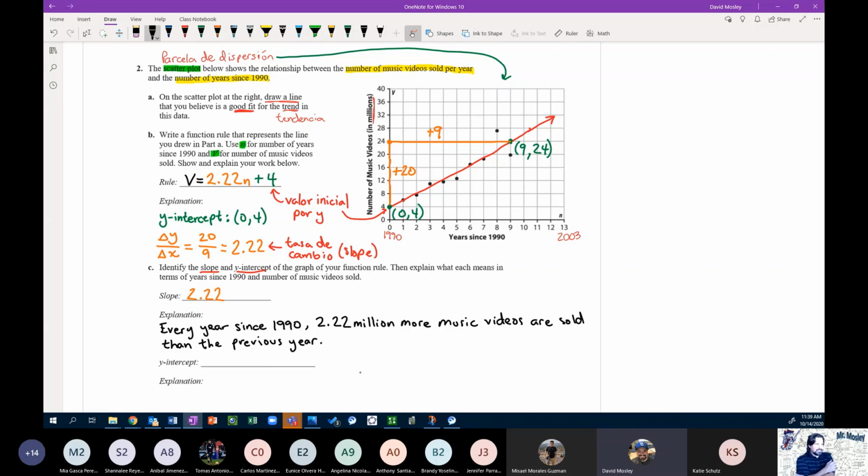So every year since 1990, 2.22 million more music videos are sold than the previous year.